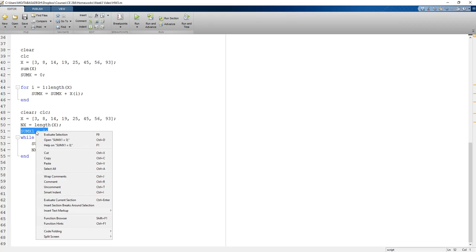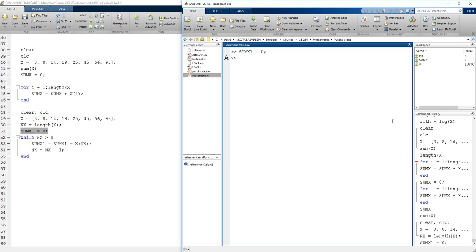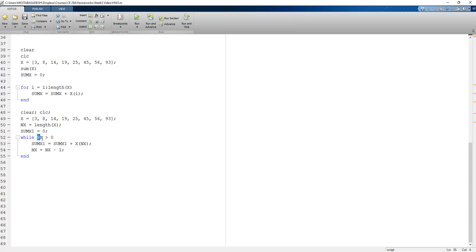And sum x, you've got to start with a neutral value, so sum x1 is 0. While nx is more than 0, so while 8 is more than 0, that's correct. We should go through the loop. Sum x1 is equal to sum x1, which was 0 before, plus x of 8.